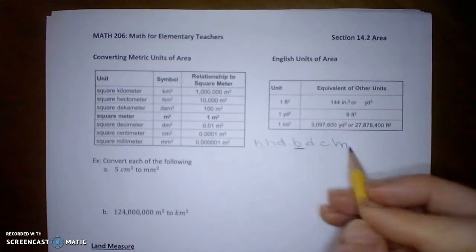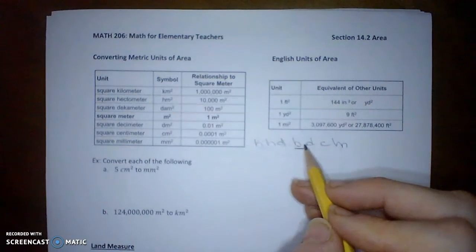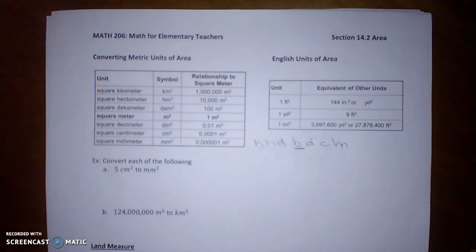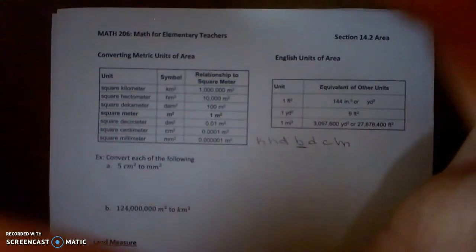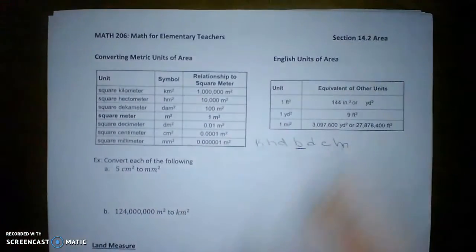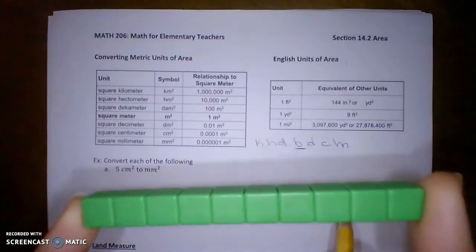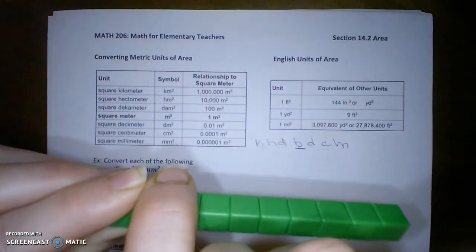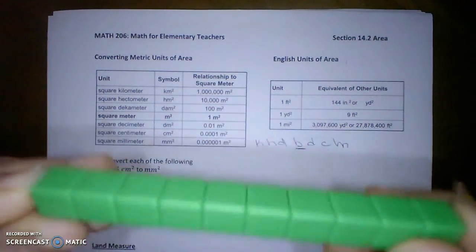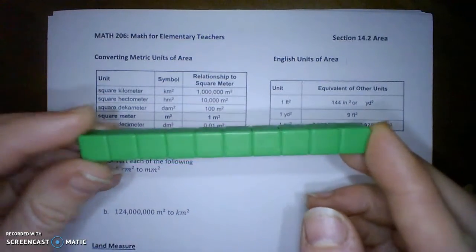And then to do conversions, you either move your decimal point to the left however many places or to the right however many places. Now, when we're talking about square units, it's not just one place over that you move the decimal point, because suppose, for example, this is a meter, which is broken down into 10 decimeters, right?